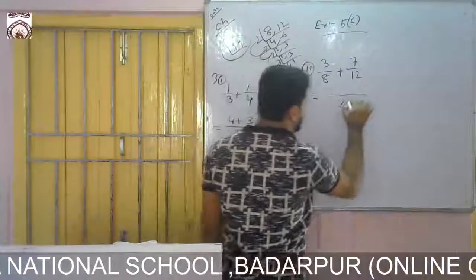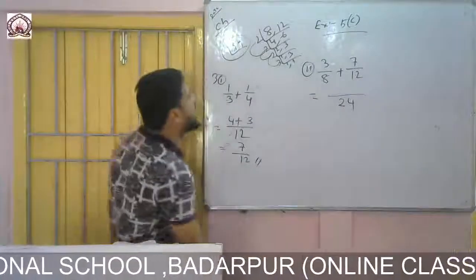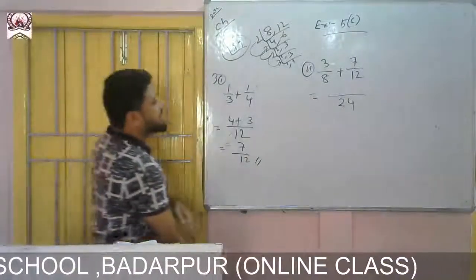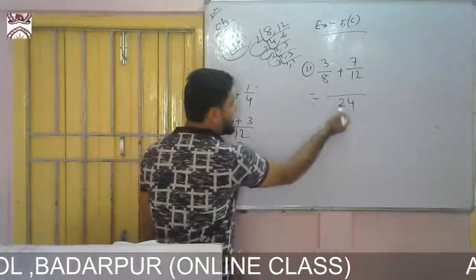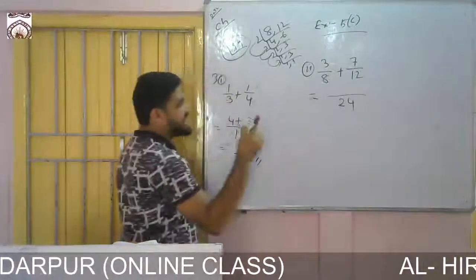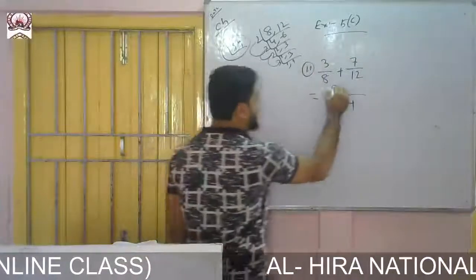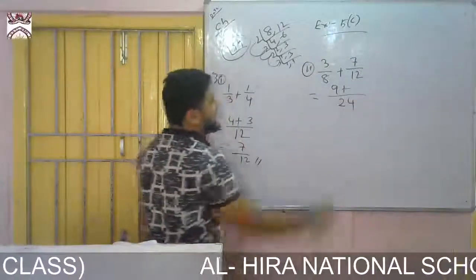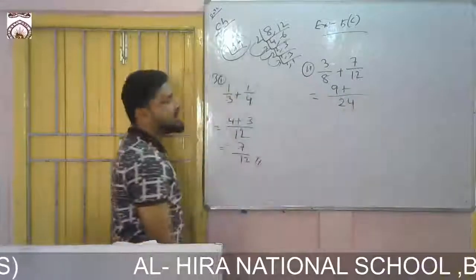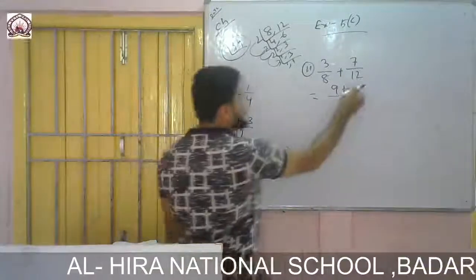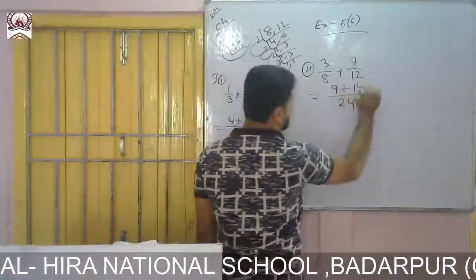So we are getting 24. 8 3s are 24, so if we divide this, we get 3, and this 3 into this 3 is 9. Then 12 2s are 24, and 2 7s are 14.